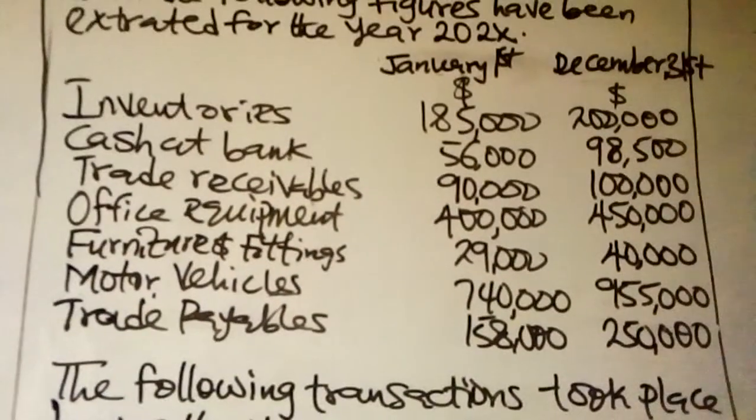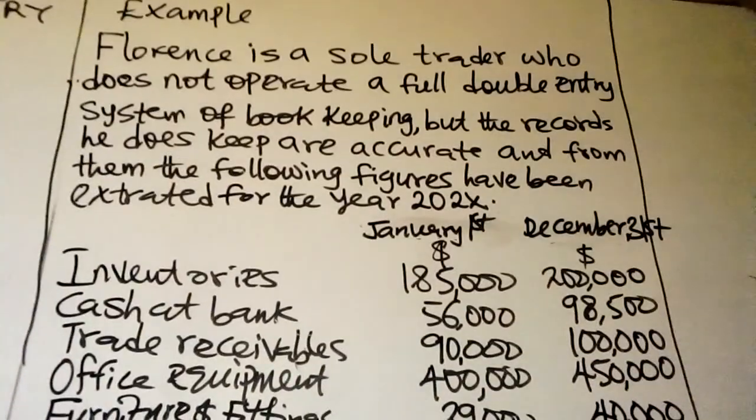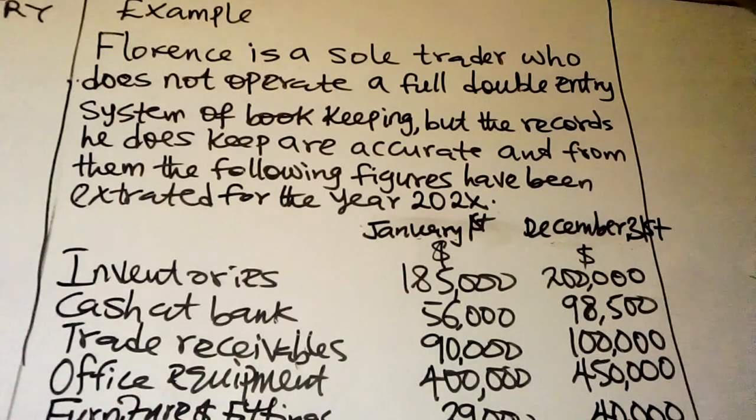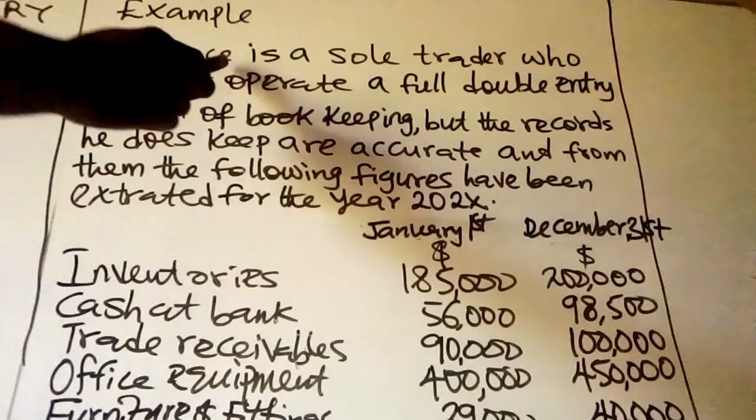I've told you that whenever you are given questions involving an incomplete record, two statements of affairs shall be prepared, one for the opening and the other for the closing. Now, the name of the entity is Florence.